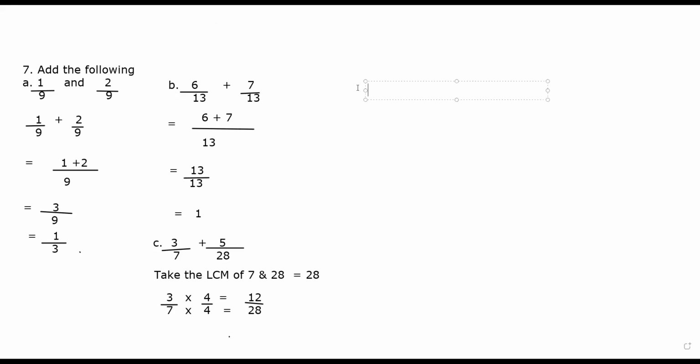We just write down 12 upon 28 plus 5 upon 28. Now, what do we have to do now?